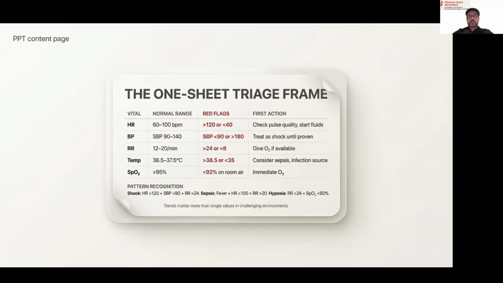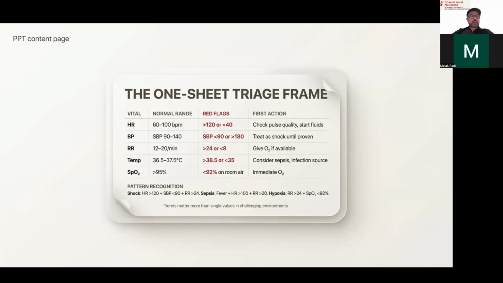Sometimes even medications have been given to bring the heart rate down. Then the blood pressure starts to drop, the systolic blood pressure less than 90 or more than 180. For these, you need to make sure that you start some fluids to bring the blood pressure up or to bring the heart rate down.